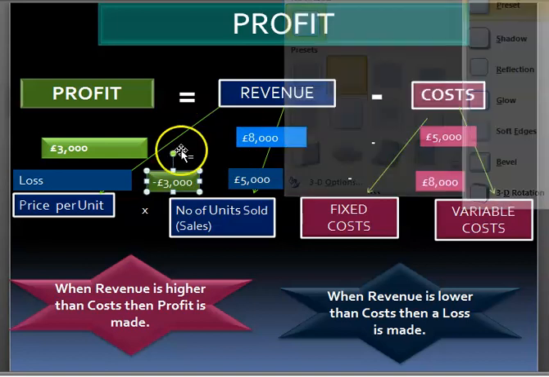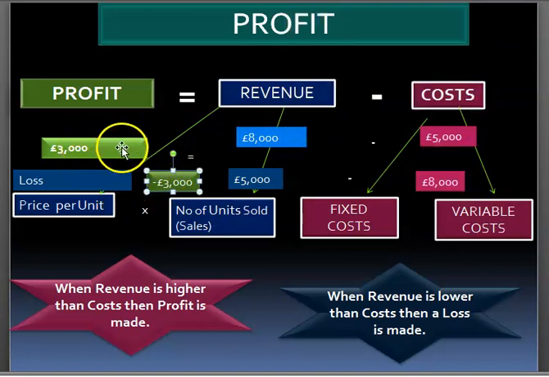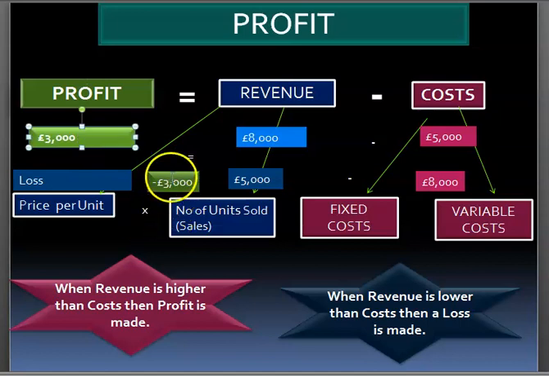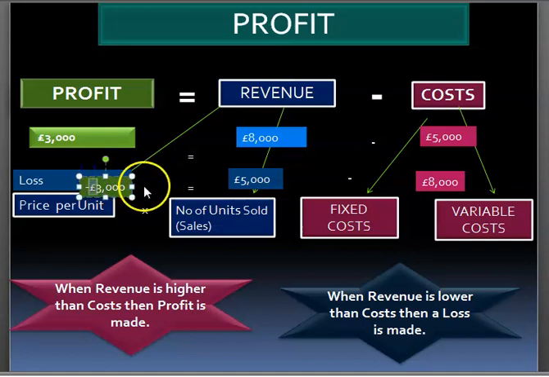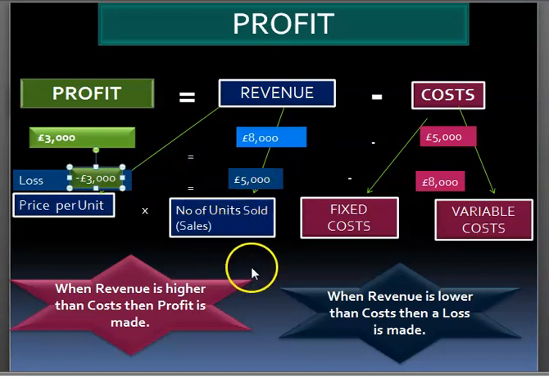All right, so the difference between these two figures: even though this is £3,000 and this is £3,000, this £3,000 here is a profit, but this £3,000 here is a loss. Okay, it's a loss. So in summary, I've put it down here for you.